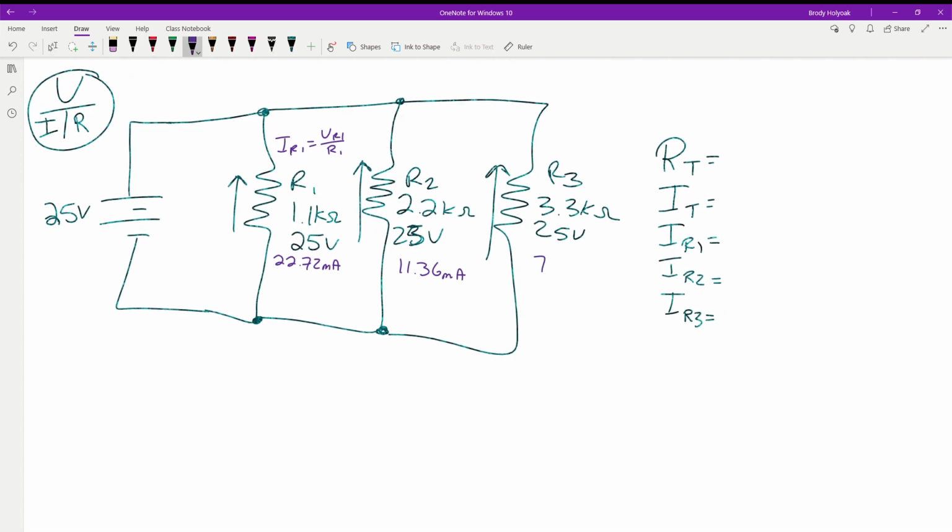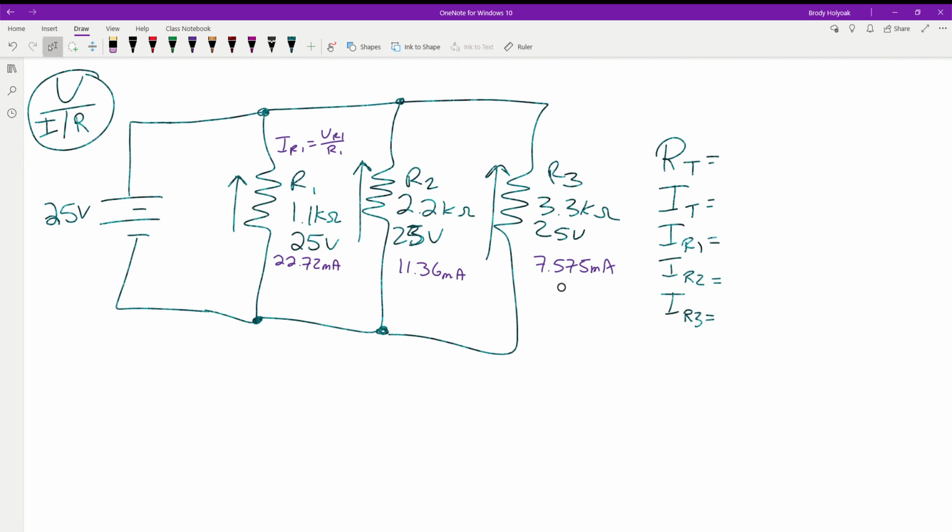Again, our resistance went up, compared to R1, 3 times. You take this number divided by 3, you're going to get that value.